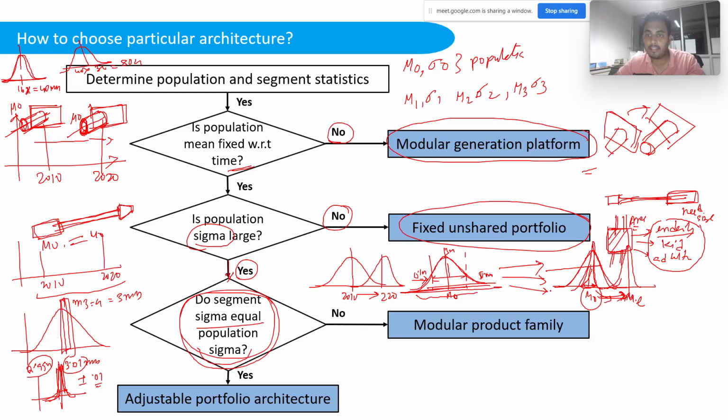However, for a kid it is smaller, and that's why you get the average population mean. Adult you can consider the same as the population mean. So you see, do you have some sort of variations? If the population mean and the adult variance do not match, that means we need to make different products for each category. So we'll go for a modular product family.